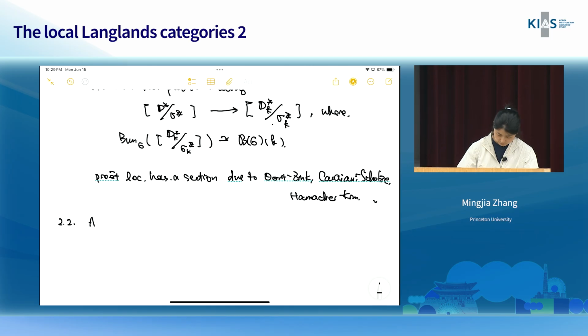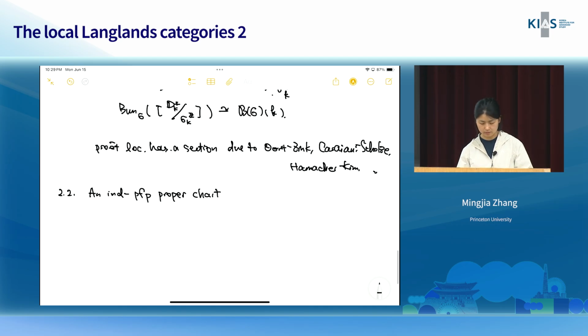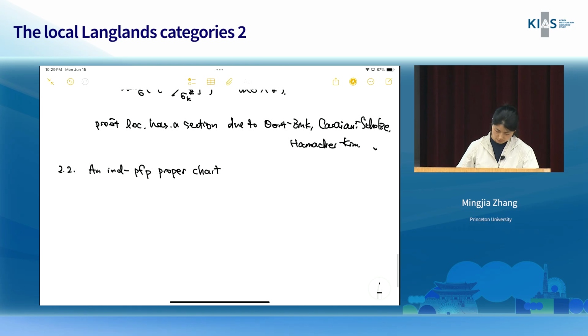The next thing that is used to study both the geometry of the stack Bun_G and the sheaves on it is the existence of some nice chart. So this is an ind-perfectly finitely presented proper chart. So first recall the definition.